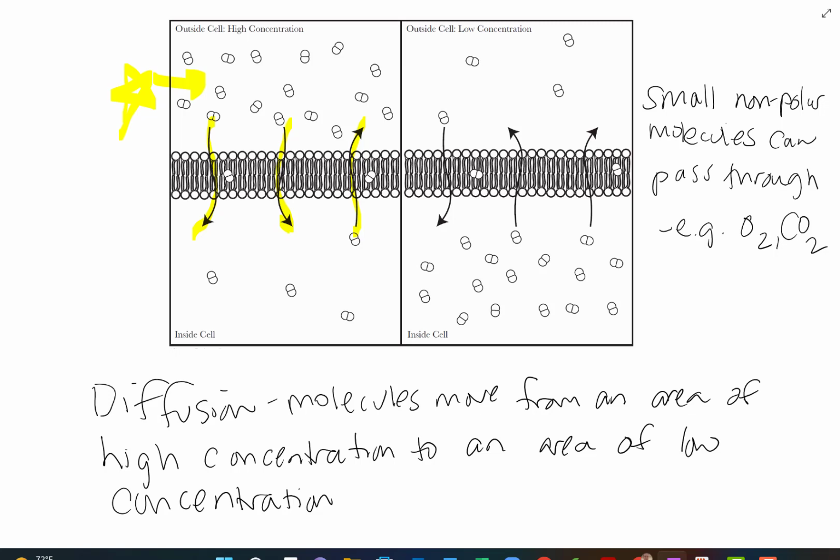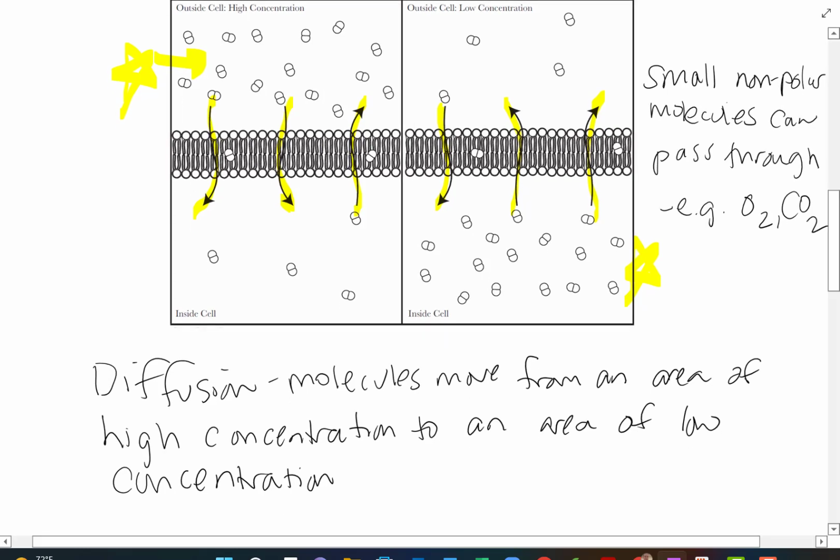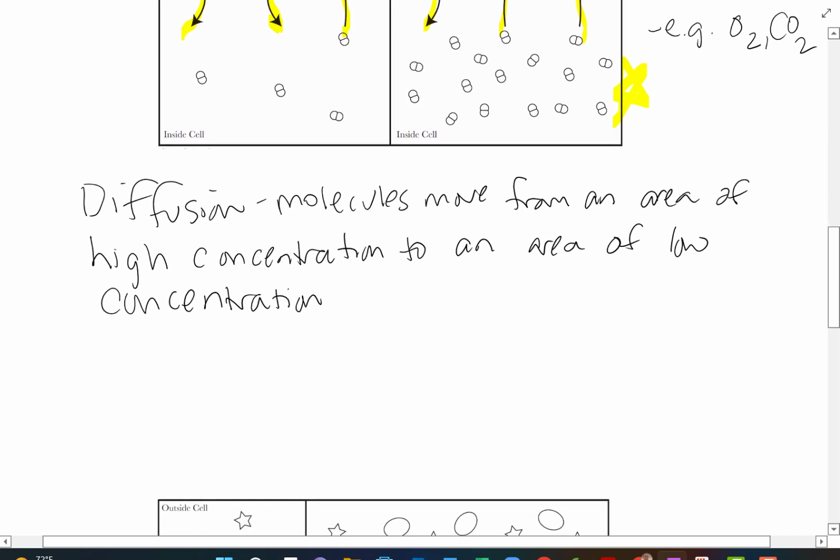On the other side over here, you can see inside the cell, there's more molecules on the inside of the cell, so like oxygen or carbon dioxide, and so they're going to diffuse outside the cell. Again, we might have some coming back in simply due to the kinetic energy of the molecules. They keep on moving, but they're going to spread out into the available space that they have.